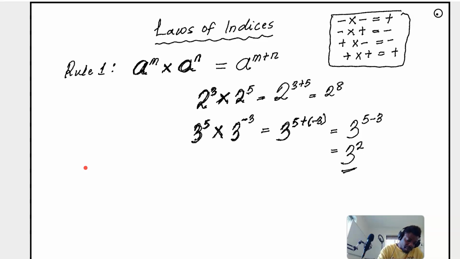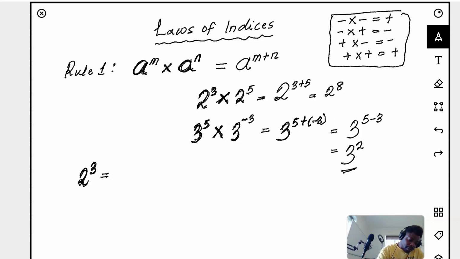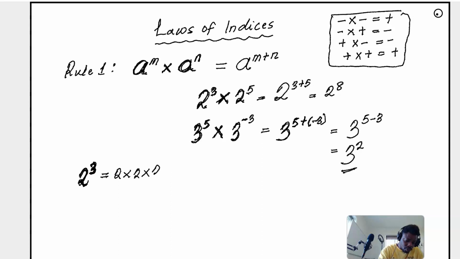If I write 2 raised to power 3, this simply means this 2 can be multiplied by itself 3 times. That means 2 times 2 times 2, which is 8.